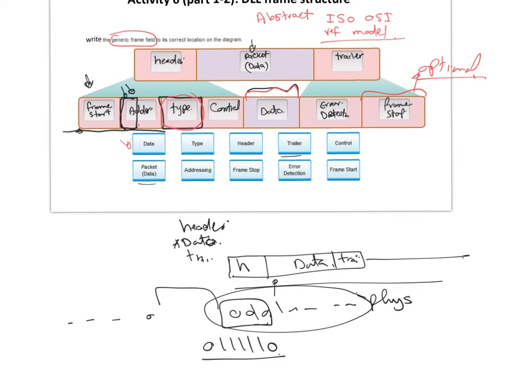But again, the ISO reference model tries to be abstract. It's not related to a particular standard, and it's not related to any specific physical medium, but they define the generic definition of the frame structure. Okay, so now we have an idea about the functionality of each field and why it exists in that location.